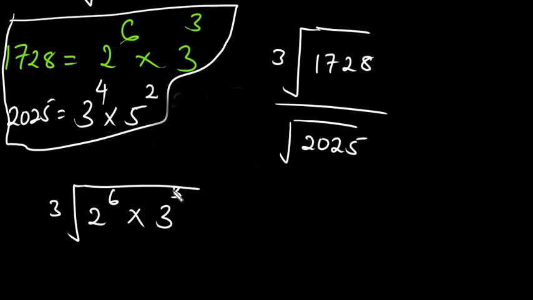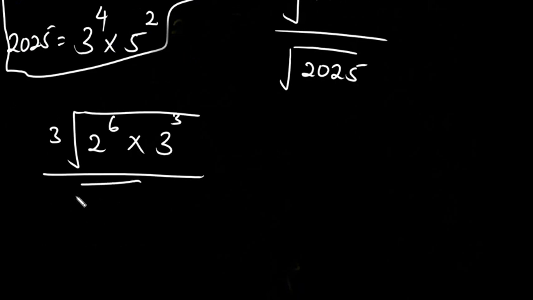Now, we can also go to the denominator. So instead of having the square root of 2025, we are going to have the square root of 3 to the power 4 times 5 squared.